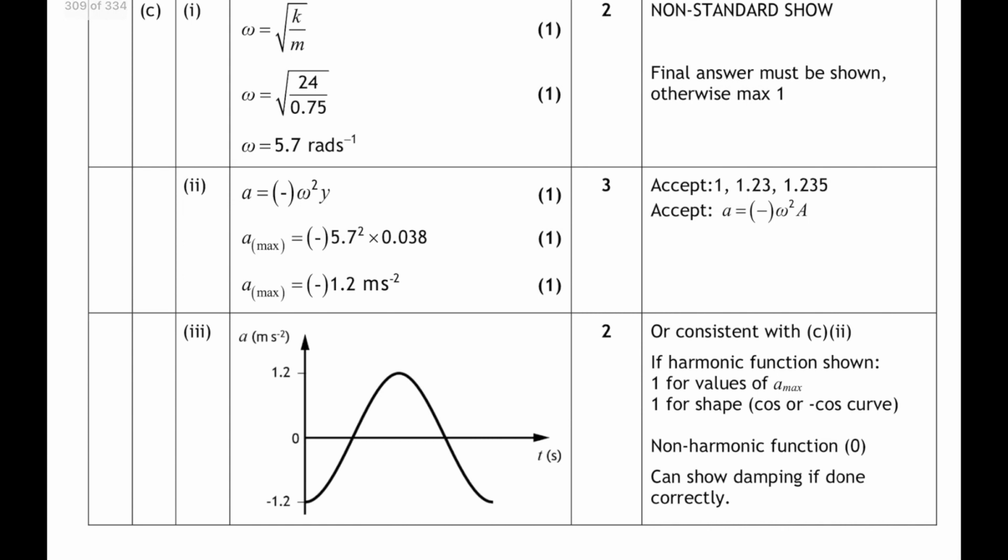See part 2, we worked out the maximum acceleration. And see part 3, there's our negative cos curve drawn as a smooth single line, and the additional guidance tells us it's 1 mark for the values of the maximum acceleration and 1 mark for the shape, which could be a cos or a negative cos curve. Pretty tricky question, methinks.